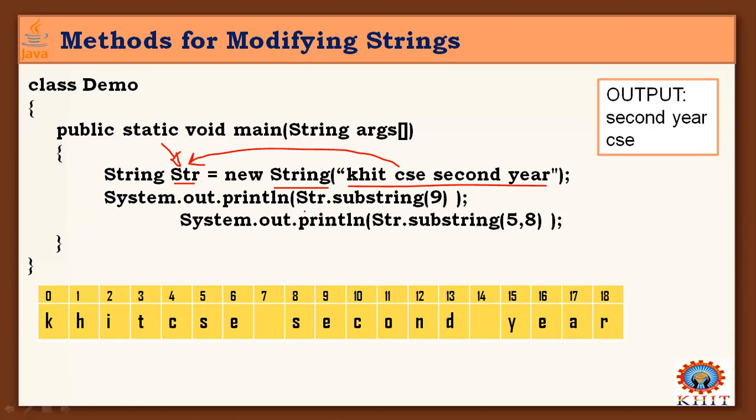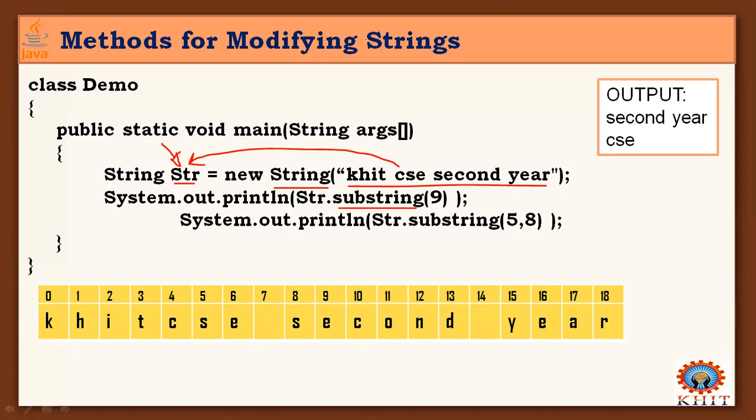Now I'm calling the substring method by passing one index of this string, that is 9. It means from 9 onwards, it extracts the character sequence till the end of the string. If you take this into an array, there are a total of 18 characters, including white spaces.